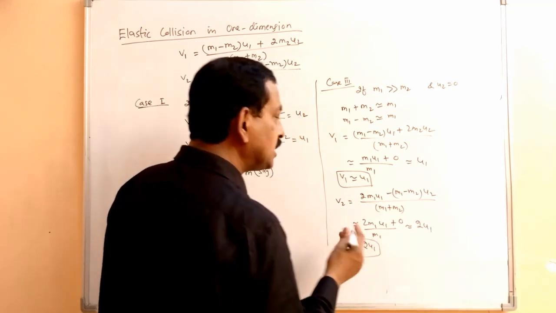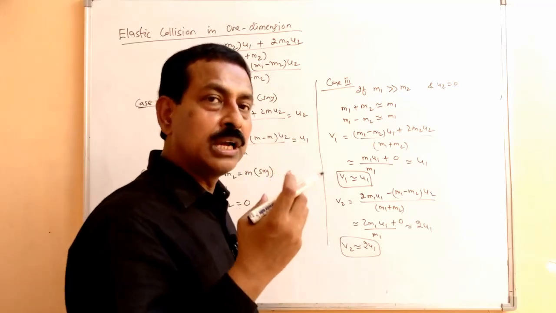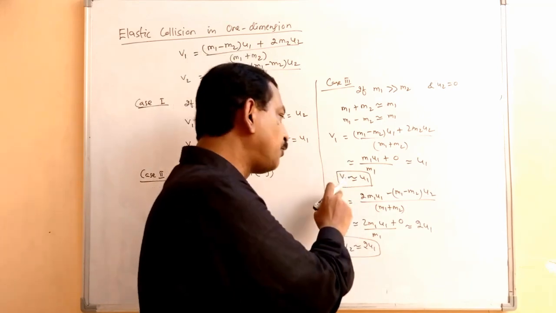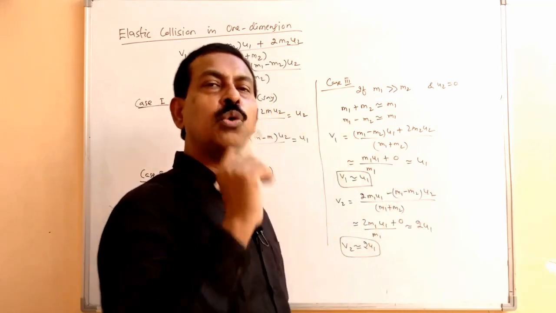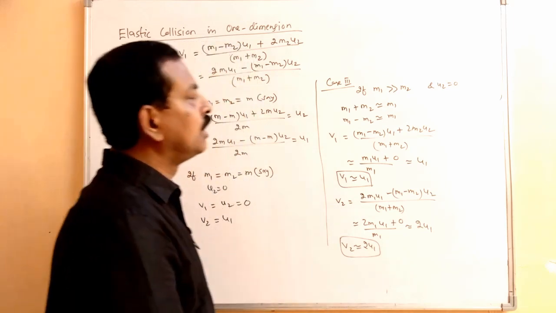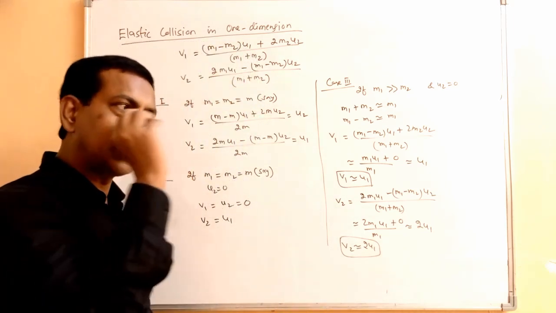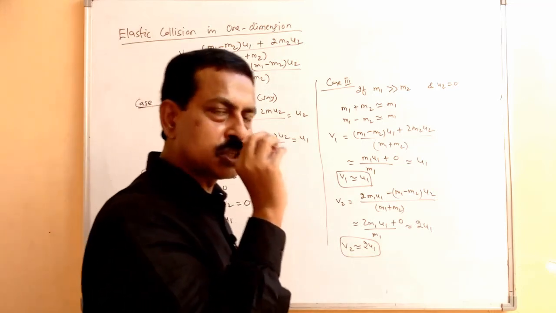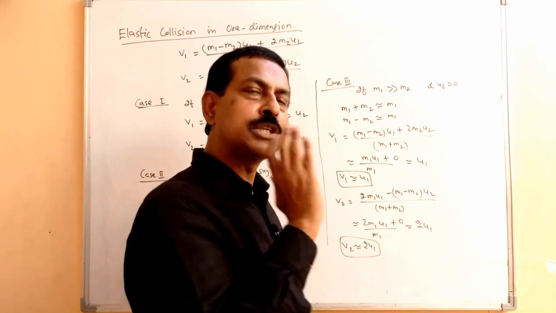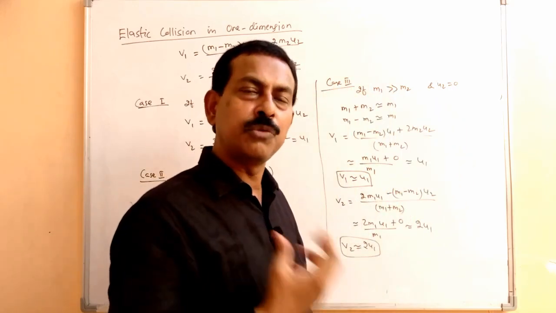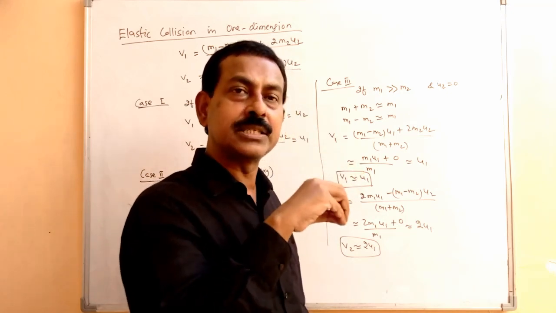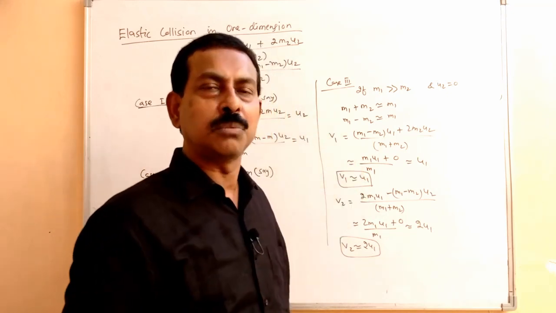That means the second body, which is the lighter one, will move with double the velocity of the first body, whereas the first body will continue to move with its own velocity. So if a very large mass collides with a much smaller mass at rest, then after collision, the first body will continue moving with its own velocity, but the lighter one, which was initially at rest, will move with double the velocity of the first one.